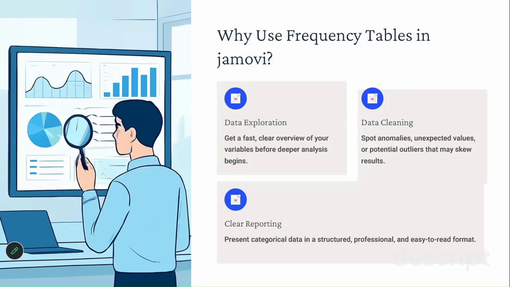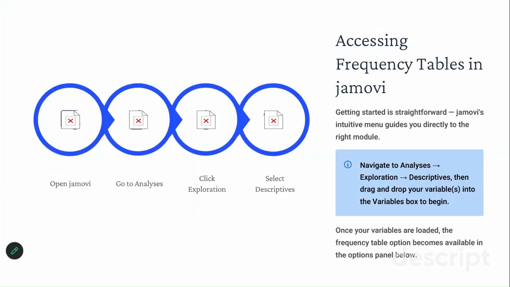Third, reporting for presenting data clearly in a structured format. To access frequency tables in Jamovi, we first go to Analysis tab, then Exploration, and then Descriptives. This is where Jamovi combines descriptive statistics and frequency analysis.